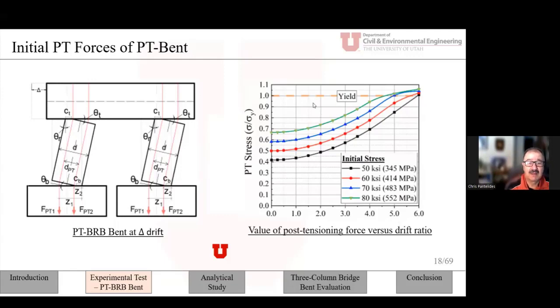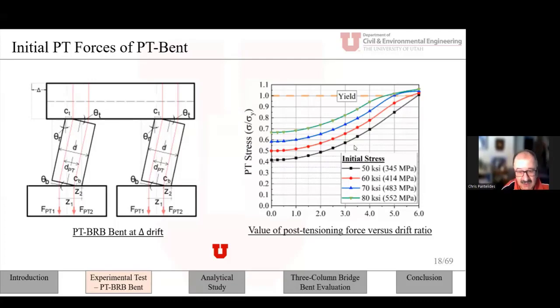The second, of course, requirement here is, how do you design the buckling restraint brace for the hybrid post-tensioning bent? And what this means is, buckling restraint brace, as I mentioned earlier, is characterized by strain capacity, but also by strength.